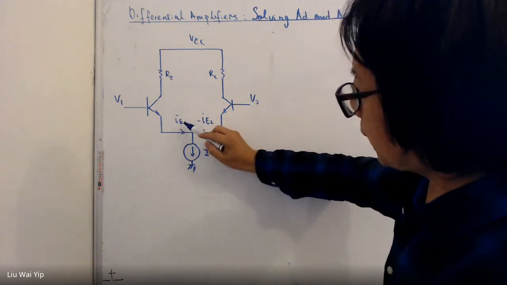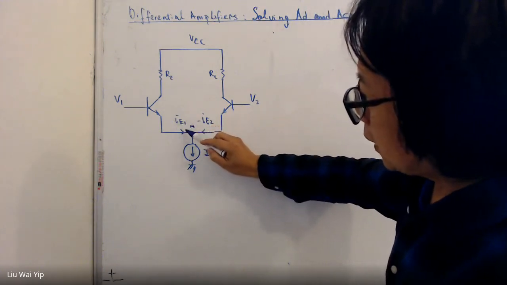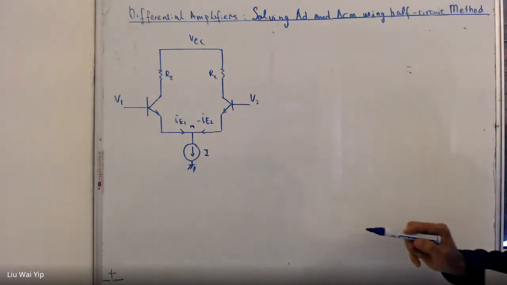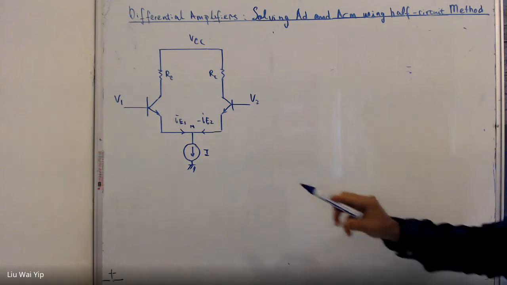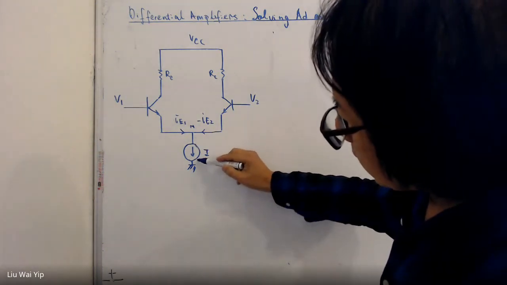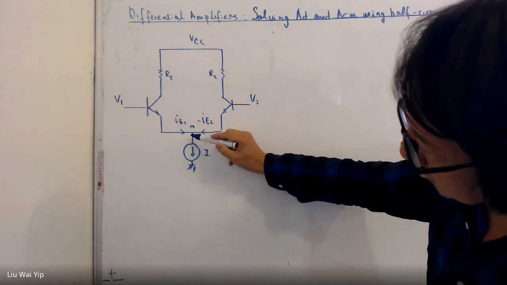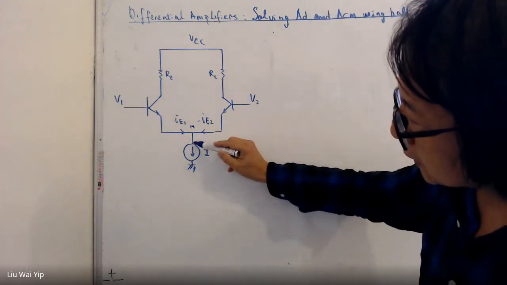This point, we assume the current source is ideal with infinite output resistance. This means there is not going to be any leakage current going down.